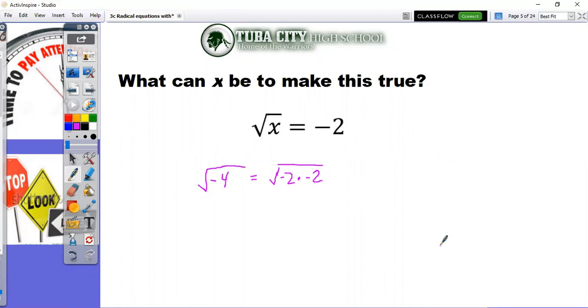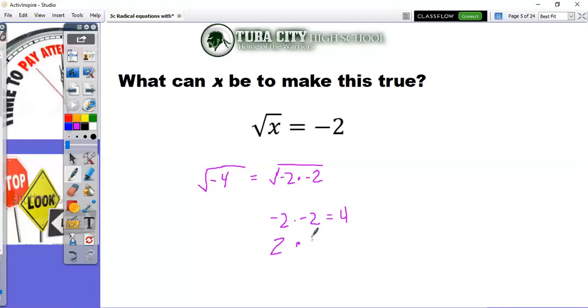In theory it works out. But -2 times -2 doesn't quite work out, because negative times negative is positive. So if I were to have -2 times -2, it would be +4, not -4.